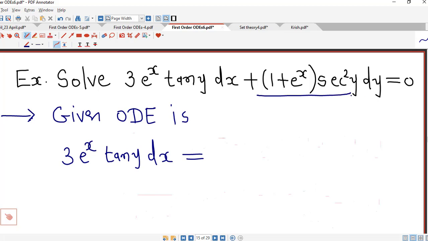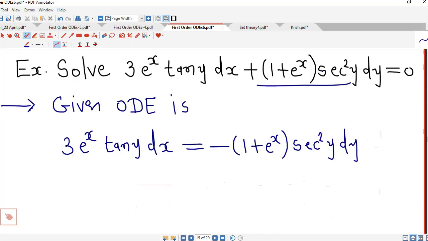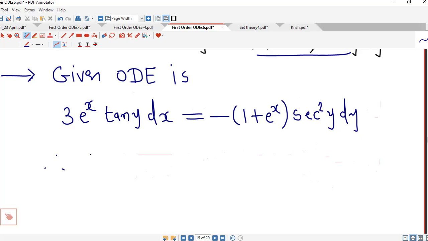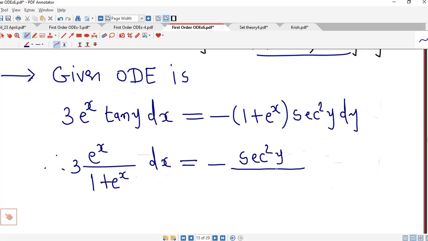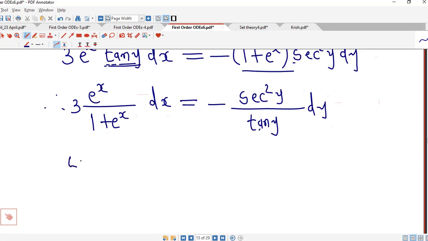We consider this quantity on the right hand side, minus (1 plus e raised to x) sec square y dy. Therefore e raised to x over 1 plus e raised to x, if we wish we can keep 3 here, dx equal to minus sec square y over tan y dy. We have taken this 1 plus e raised to x on the left hand side, and from this we have taken tan y on the right hand side, and we find that this is separable.